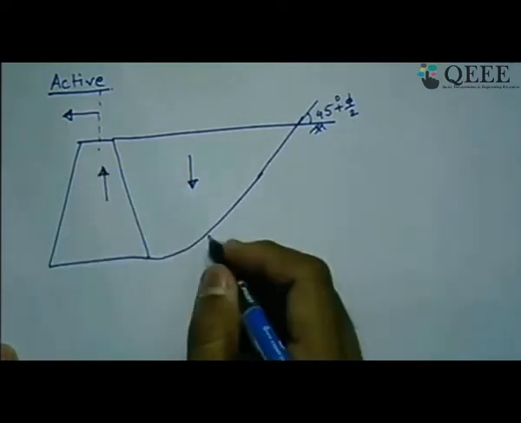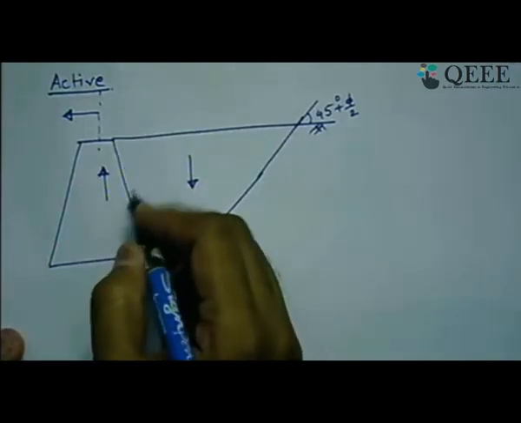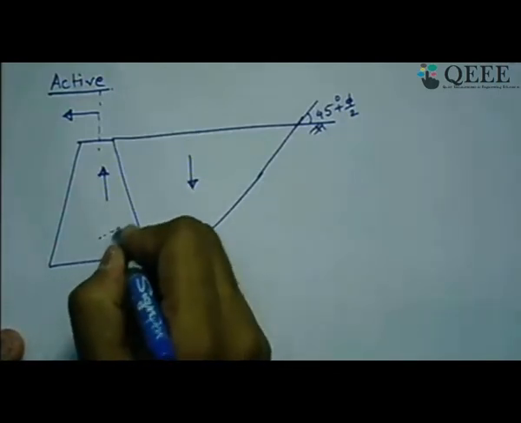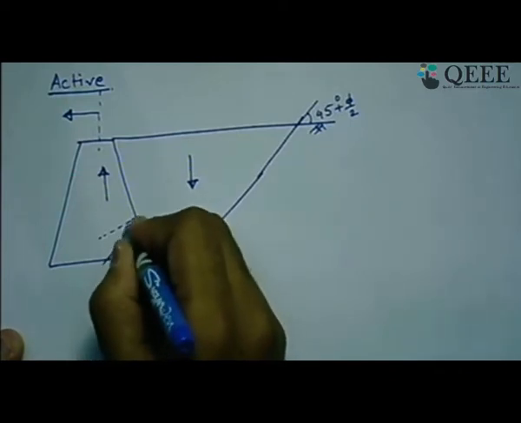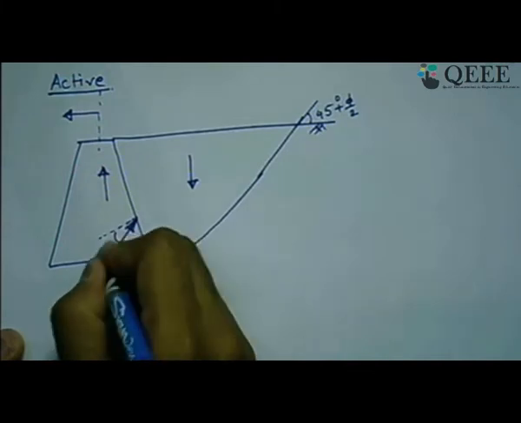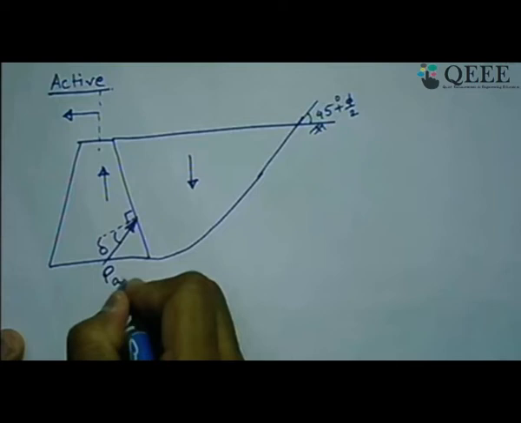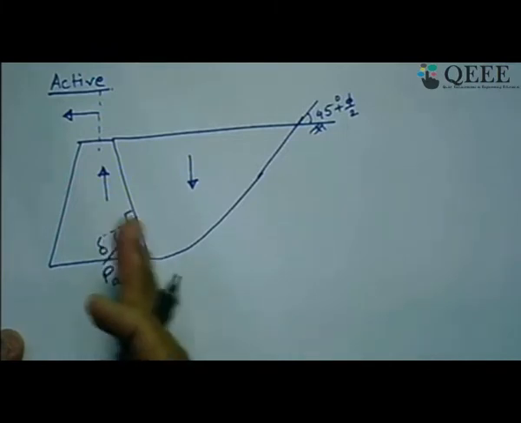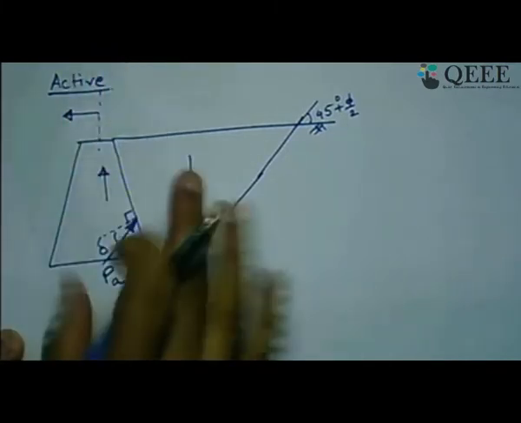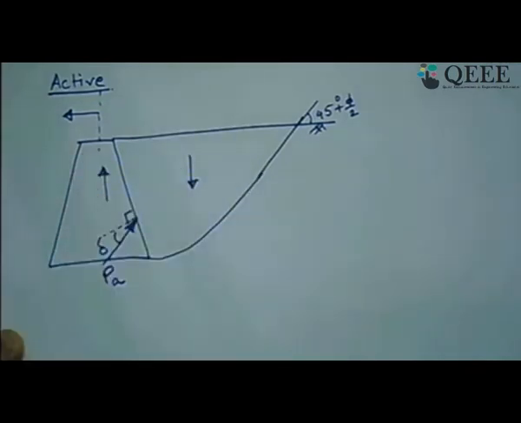That is the common phenomenon of relative movement, and that's why, if you see Coulomb's theory, this will justify why your earth pressure should act at angle delta with respect to this plane, because of this relative movement direction. Now that resists the wall so that this slip between the soil and wall doesn't happen.